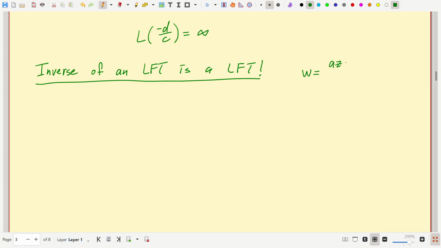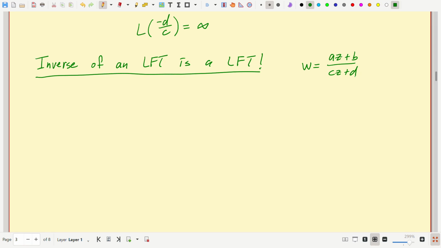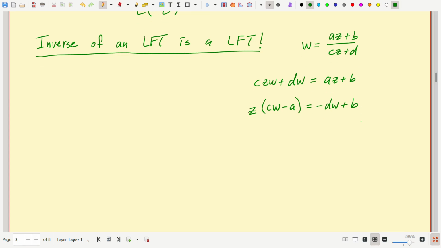If I write W equals AZ plus B over CZ plus D and do junior high school algebra, I want to solve for Z in terms of W. When I multiply through, I get C times ZW plus DW equals AZ plus B. Now I collect all the Z terms and get Z times CW minus A equals minus DW plus B. I pulled all the Z terms to one side and put all the other junk on the other side.